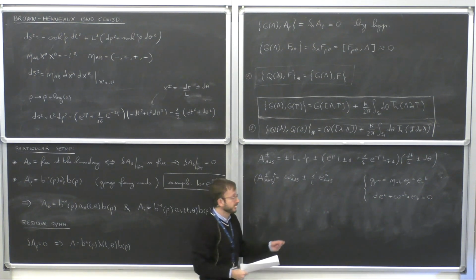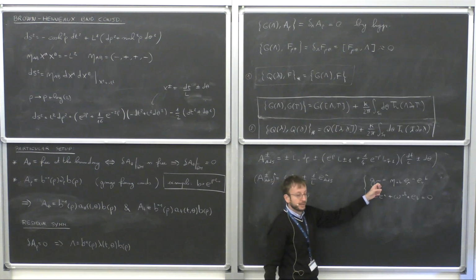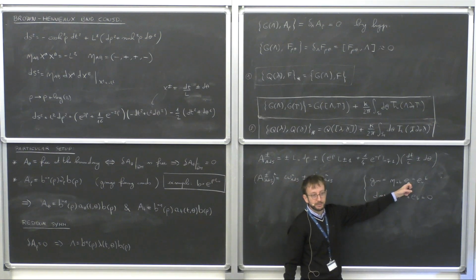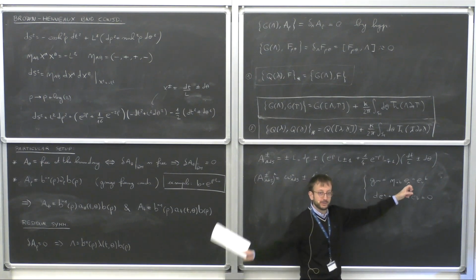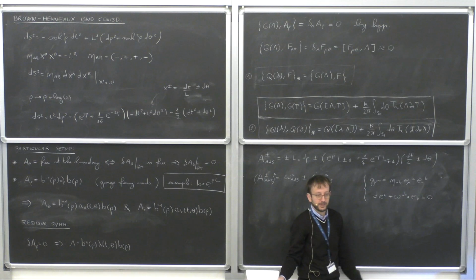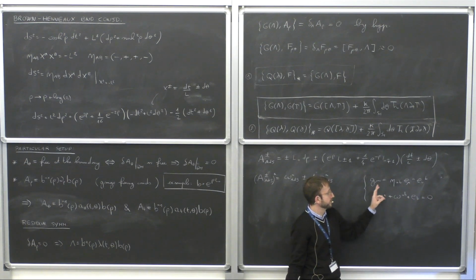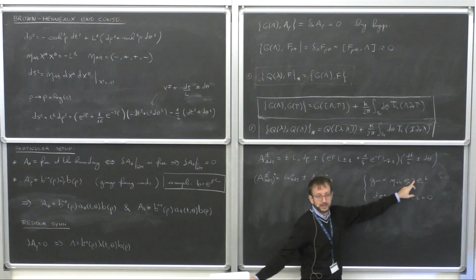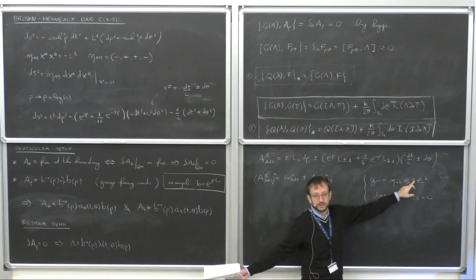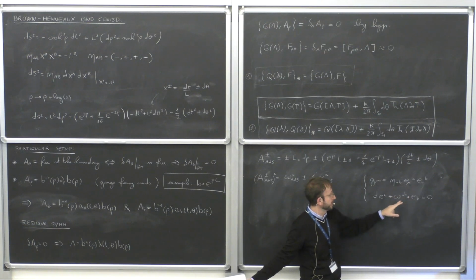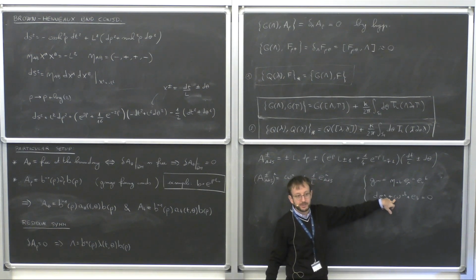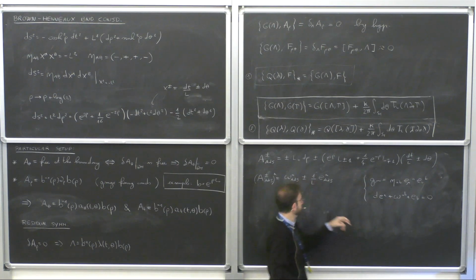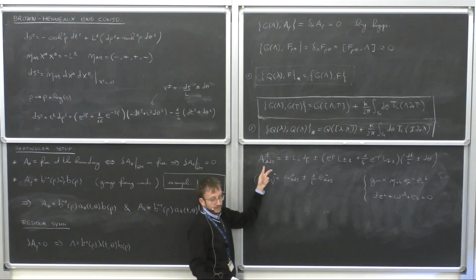So a priori, for any given metric, I can find an equivalence class of vielbeins. Why an equivalence class? Because I can always act with a Lorentz transformation and change them. So this identification between the two is not one-to-one, because these objects transform under local Lorentz transformations. I can clearly do a local Lorentz transformation and I get something equivalent. And once I fix the form of my vielbein, then the spin connection is fixed by this algebraic equation here. That is the way these things have been obtained.